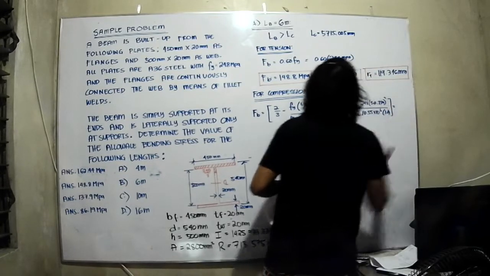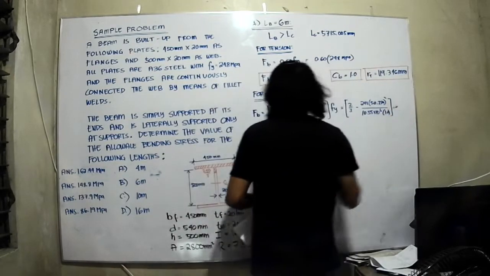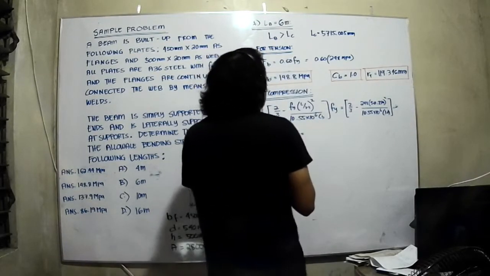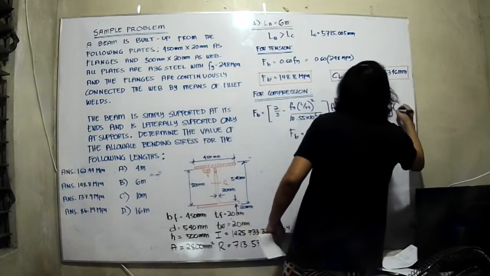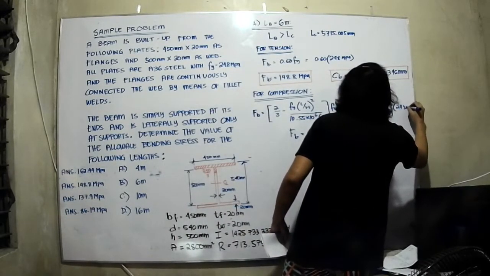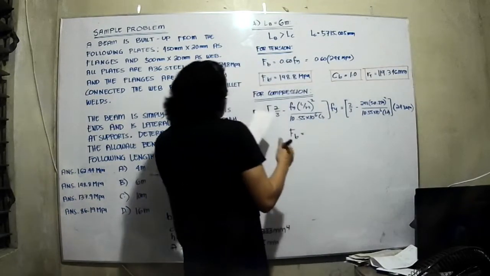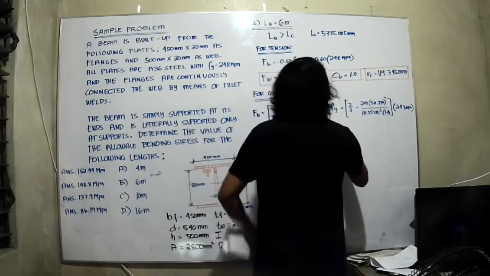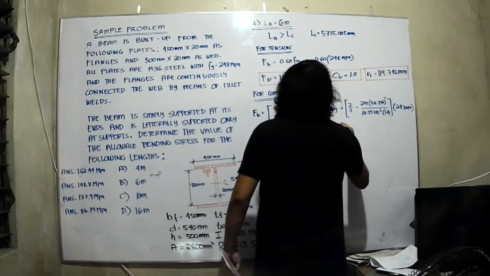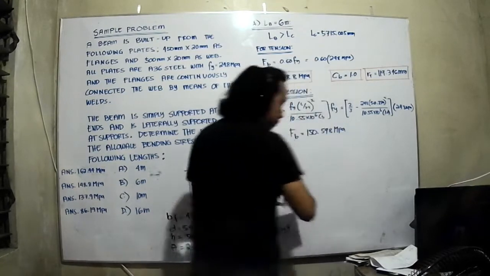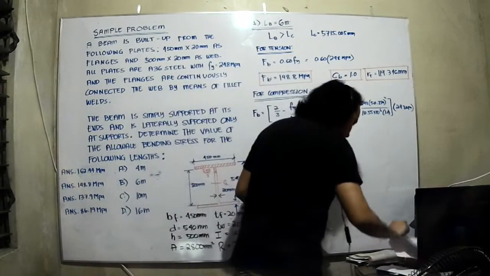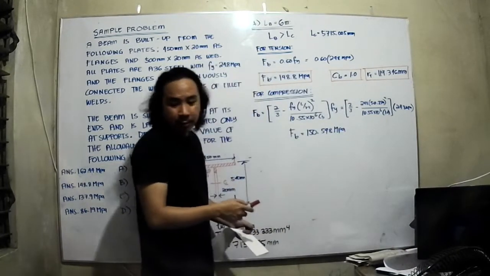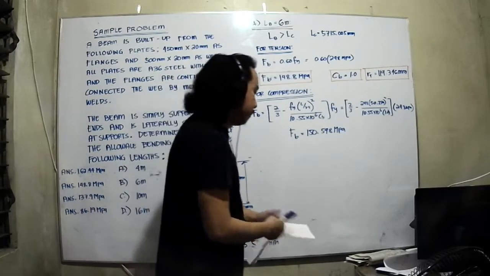Our first result for FB should be multiplied by Fy, which is 248 MPa. That should be equal to 150.598. Okay? So, this is our first number, 150.598.